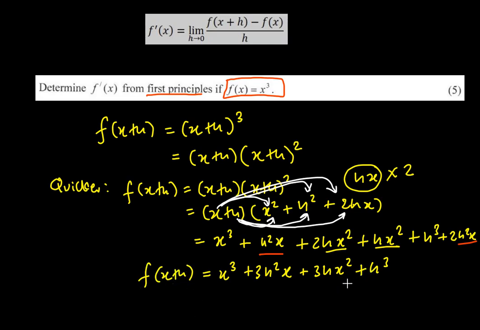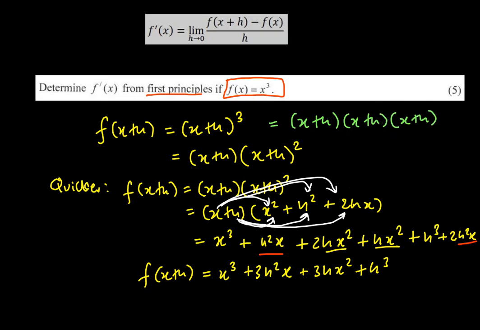I know I said it's a bit of a quicker method. Well, it is quick, because the other method one can possibly use here is to say, okay, this one here would be x plus h, times x plus h, times x plus h, okay? Then they're gonna simplify this bracket first, right?